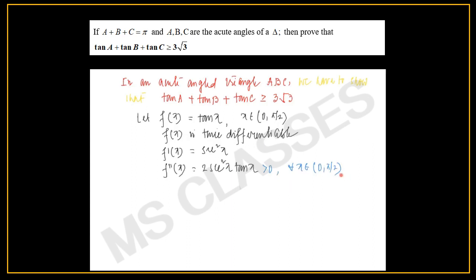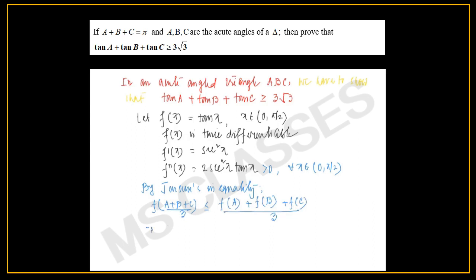Now since it's concave up, we can apply Jensen's inequality. So by Jensen's inequality, we can see that f of (A plus B plus C)/3 is less than or equal to (f of A plus f of B plus f of C)/3.